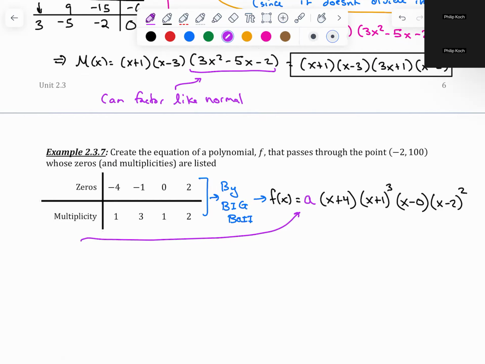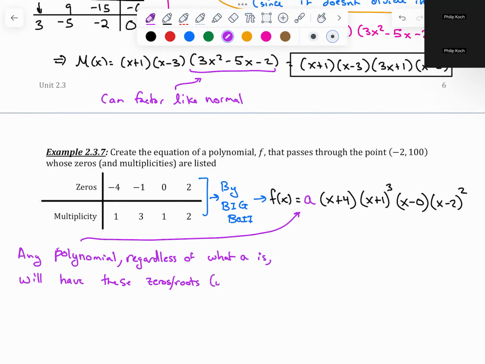So the reason why I've written an a here is that any polynomial, regardless of what a is, will have these zeros, roots, with corresponding multiplicities.